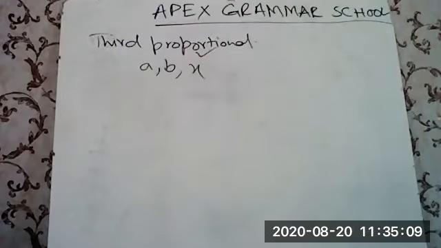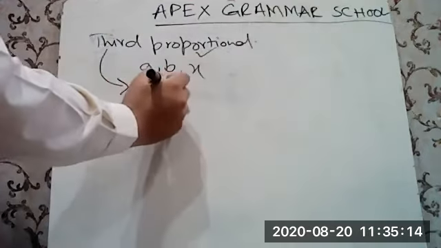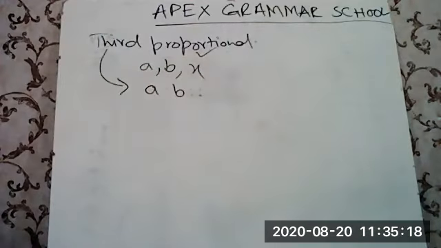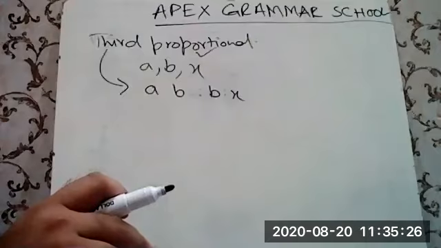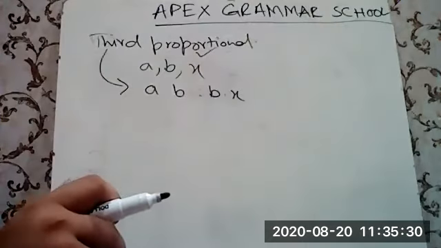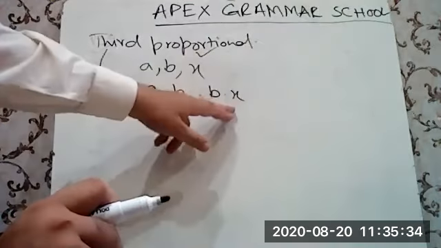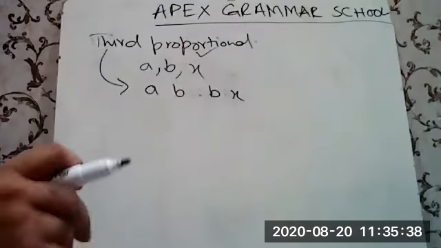The relation for third proportion will be A ratio B proportion, then again repeat B ratio x. Now you need to find this value of x, and this value of x will be the third proportion.